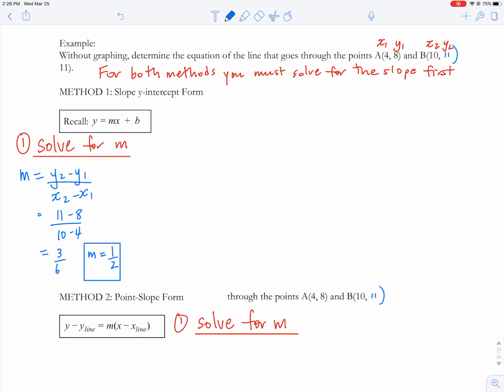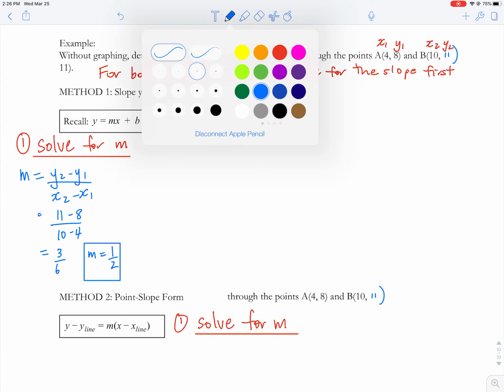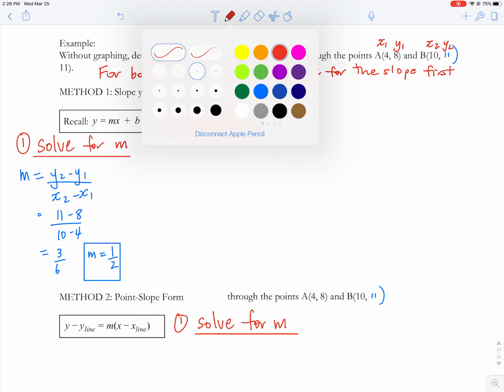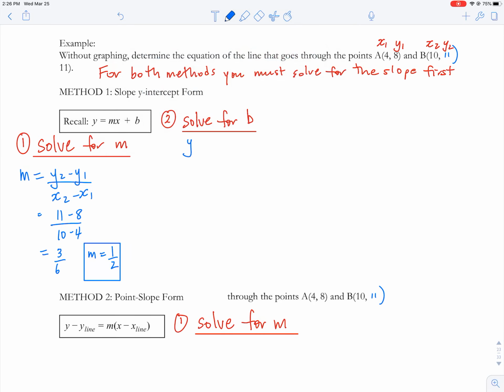No matter which method we use, we're going to find the slope, and in this case it was 1/2. The second step is going to be to solve for b, the y-intercept. To solve for b, we're going to use y equals mx plus b.